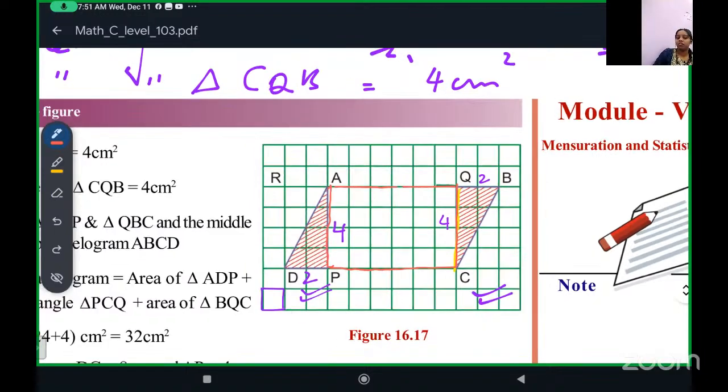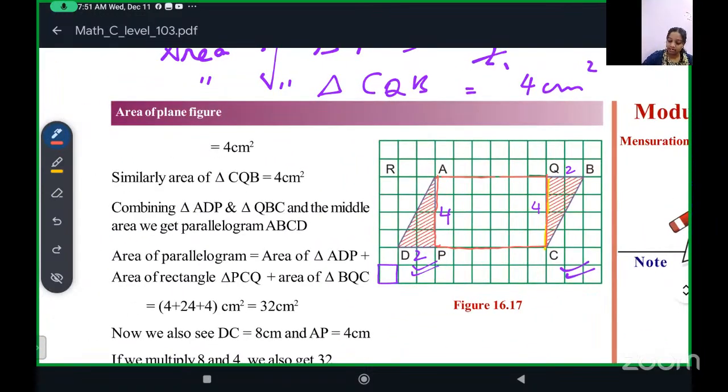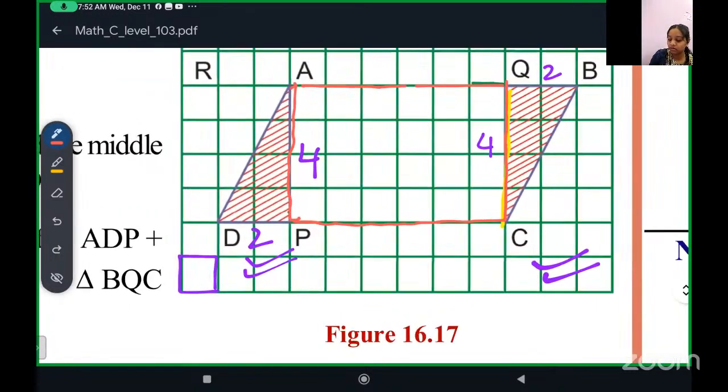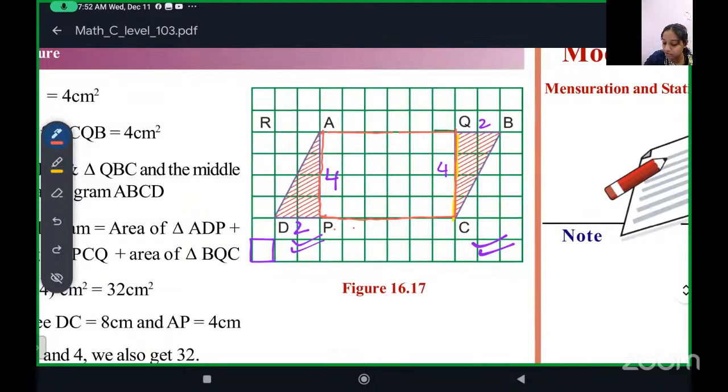We have the breadth 4. Now calculate the length. Count the boxes: 1, 2, 3, 4, 5, 6. So this is 6, from here to here, and this is also 6. So length is 6, breadth is 4.